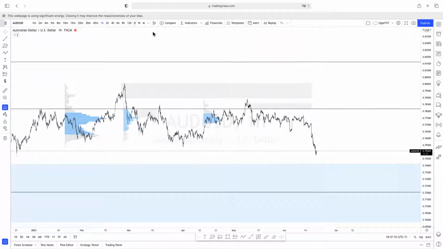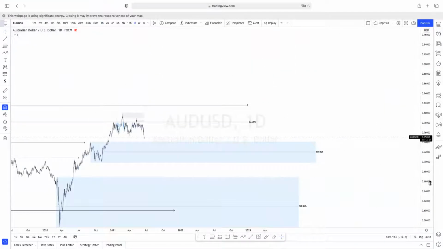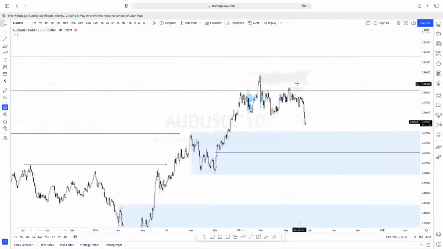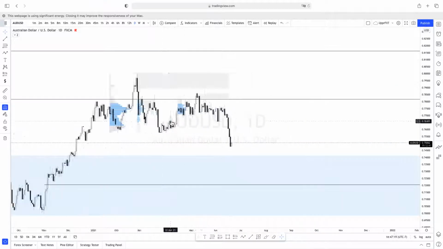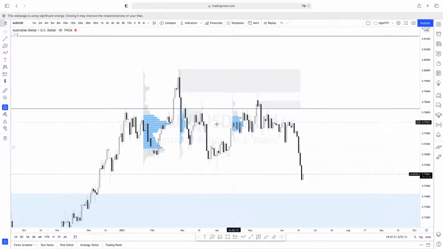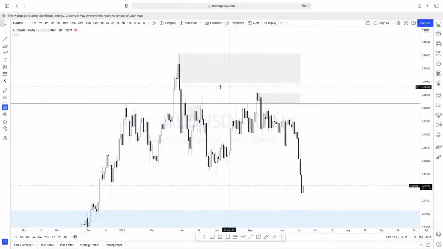I already had some stuff drawn up from here. So on a daily time frame, I was expecting some bearishness from here because there's some, delete this, doesn't really matter. This is a supply zone. This is the last up-to-down move that evidently broke structure to start creating a structural shift push down.